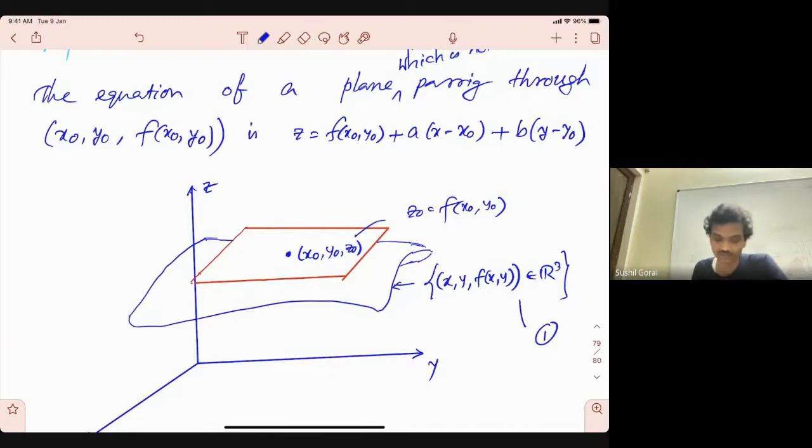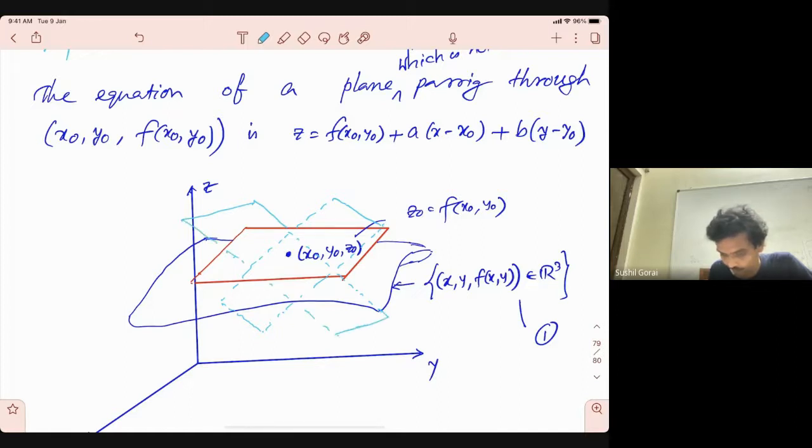This could be a plane something like this, or it might be a plane of this form, depending on a and b.